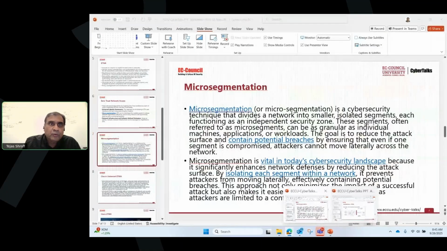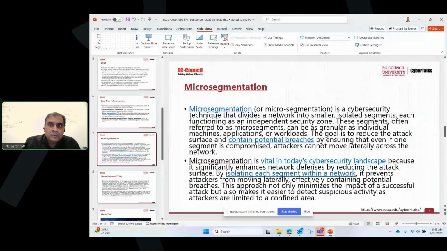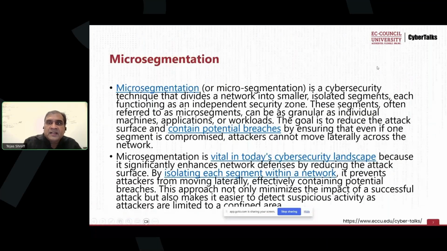Yeah, sorry about that. I don't know what happened, but yeah. So microsegmentation will slice and dice your network into smaller segments, as low as having a single machine or a single workload. And this will ensure that you're not able to move across the network if the need be.